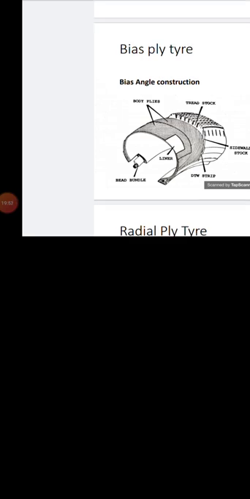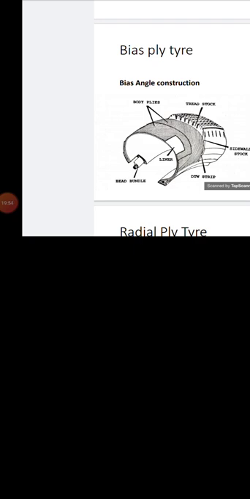So bias tire, so many textile cords are crisscrossed to provide strength to the cross ply tire in rubber, cross ply or bias ply.